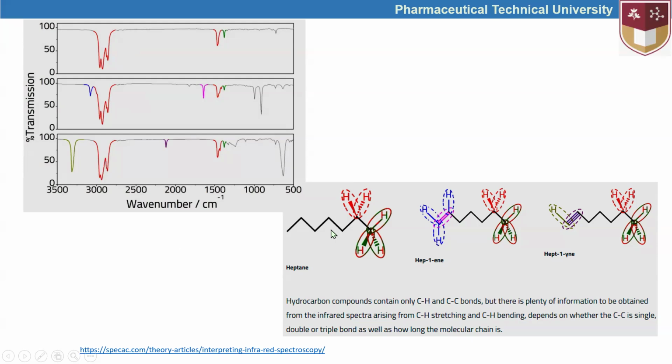The point is that the bonds between this carbon and this carbon, and this carbon and this carbon, are single bonds. So it is different from this one. We are going to talk about it a bit later.